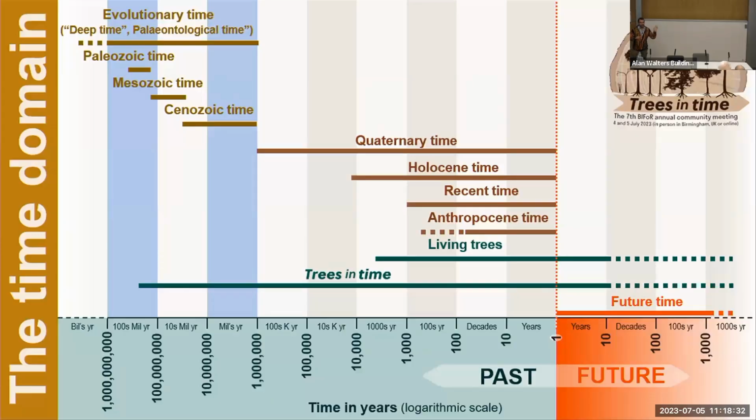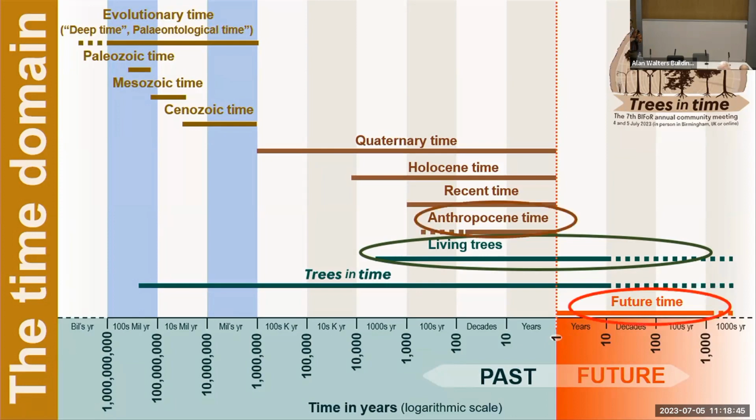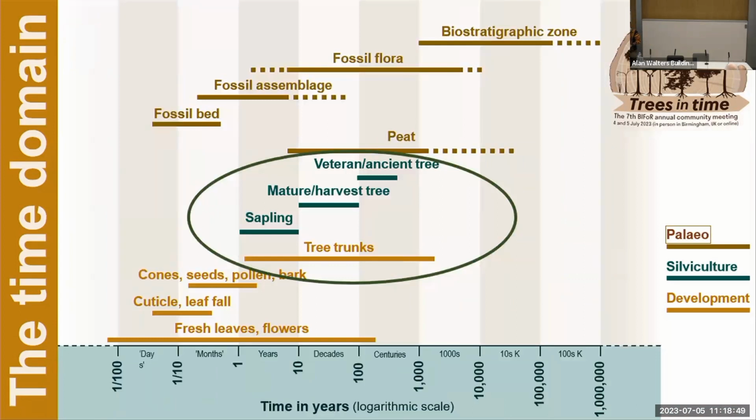Just to put into context this graph that we already saw by now, I'm going to work with living trees, from a few centuries all the way to the future, and probably looking into the Anthropocene and future times. Also looking mostly at tree trunks, but from saplings all the way to major and ancient trees.